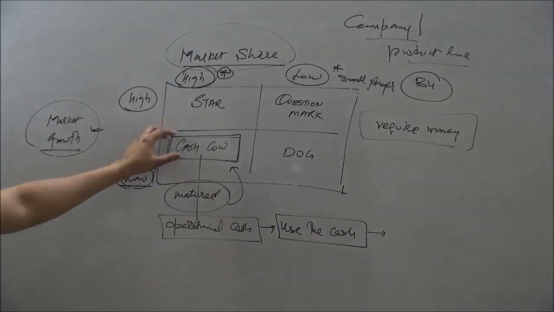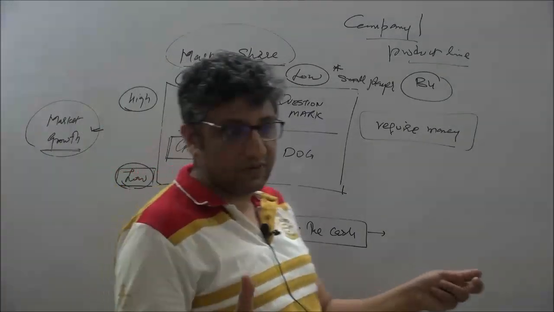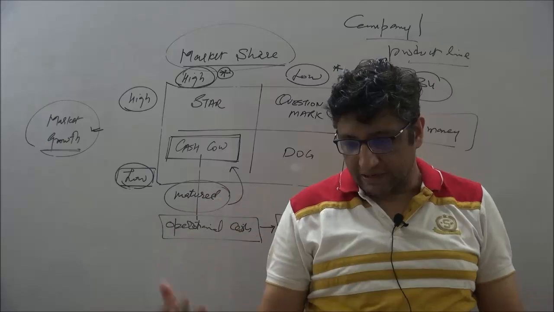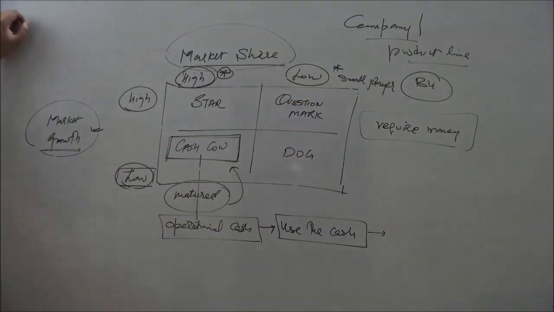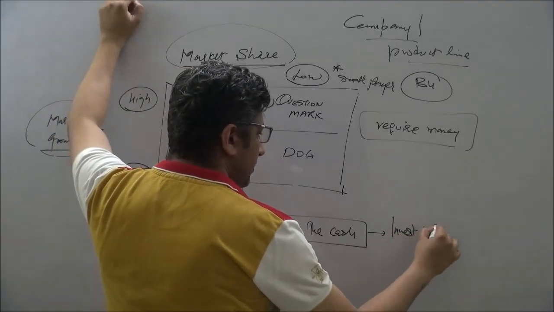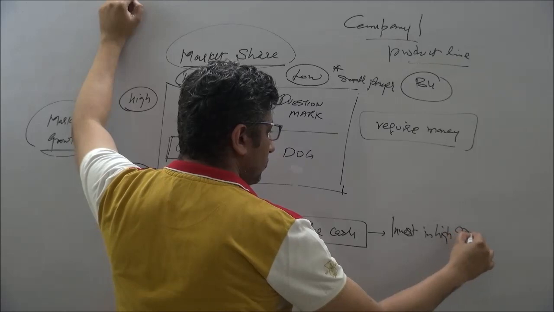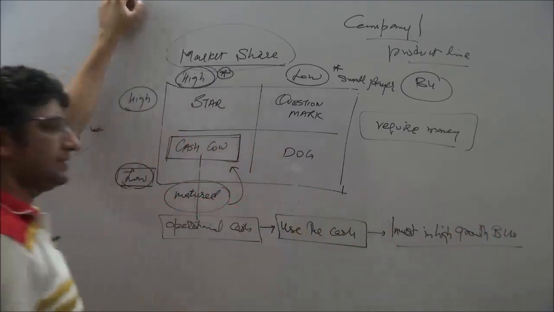The cash is stable, so it's as good as working on its own. It's working as an autopilot, and you would use that money to probably invest in high growth businesses or business units.